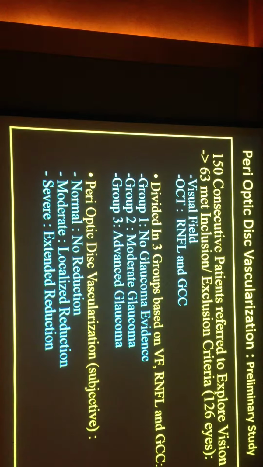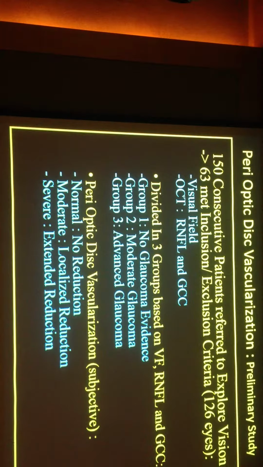When we have no alteration of these 3 points, we consider that these patients have no glaucoma evidence. If we have few alterations of 1, 2, or 3 of these classical observations, we classify these patients in group 2 with moderate glaucoma.